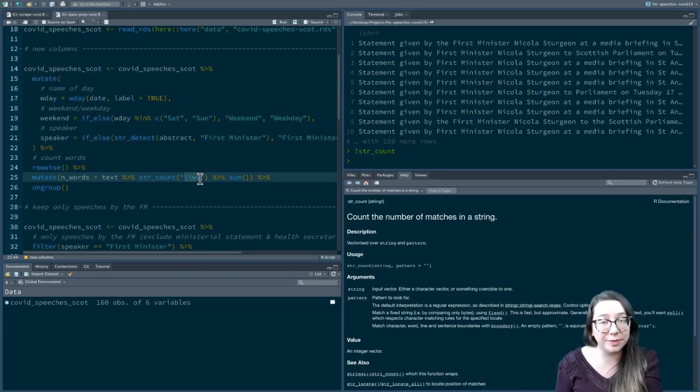They're going to be separated by spaces, or if it's at the end of a sentence, it's going to have a period after. So we use this regular expression to count the number of words in each of these text cells. And then we want to sum those up, because ultimately what we're looking to do is to say how many words are in each of the speeches.